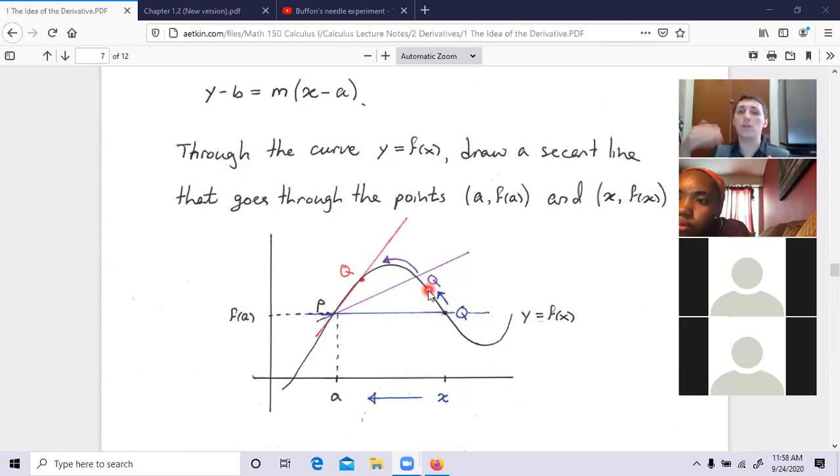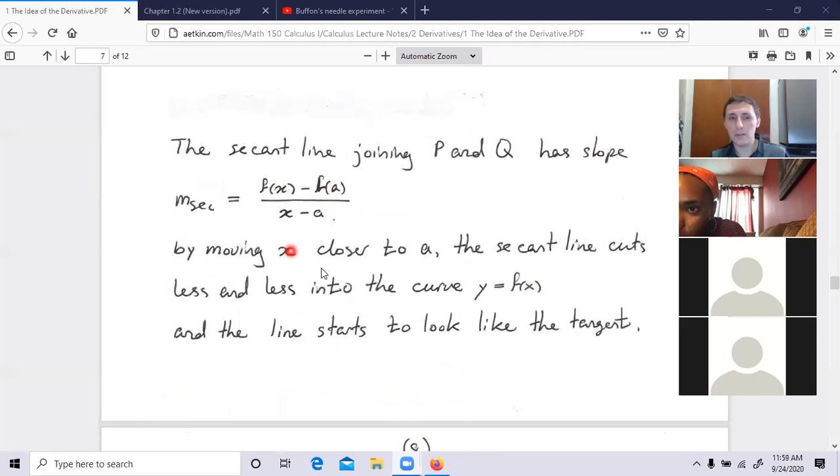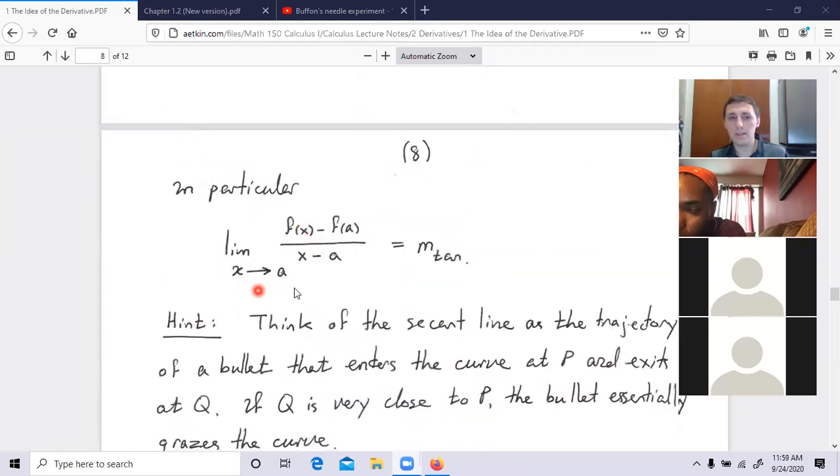So you're using the limit to say, well, we're getting the tangent line because we are getting the 2 points to merge into 1 point. And how do I do that? I make x go to a. You see, I can control Q by making the x coordinate go to the x coordinate of the fixed point P. So that's why my limit is this.